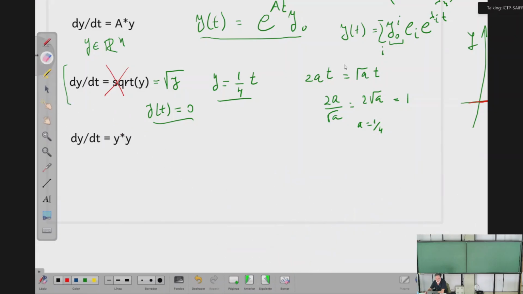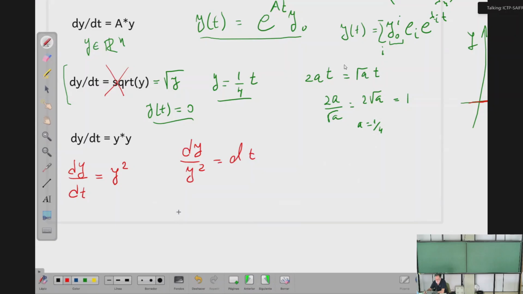is this one here, dy/dt equals y squared. So to find the solution of that, we just put the y's on one side and the dt on the other, and so on.